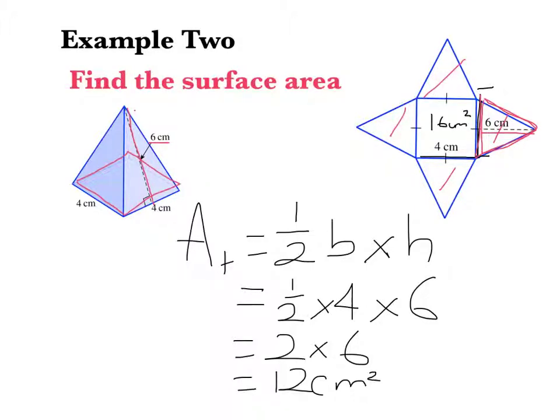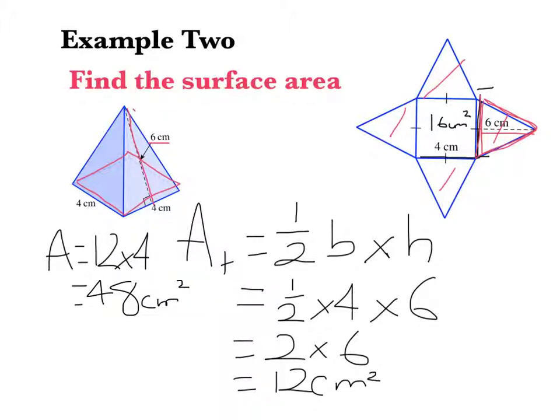So I must write the total area of the triangles is 12 times 4. So my total area of the triangles is 48 centimeters squared.